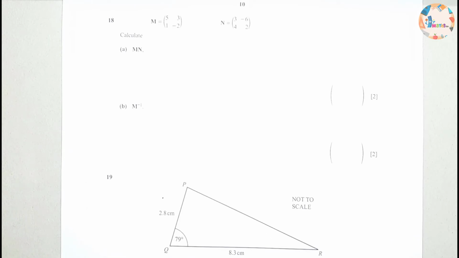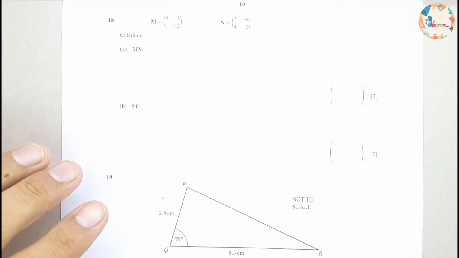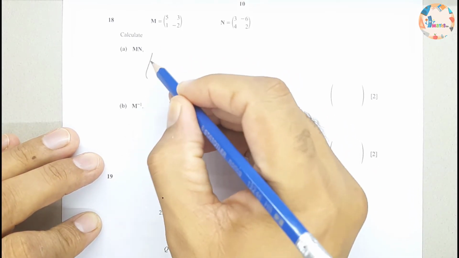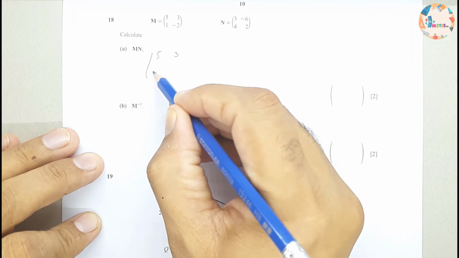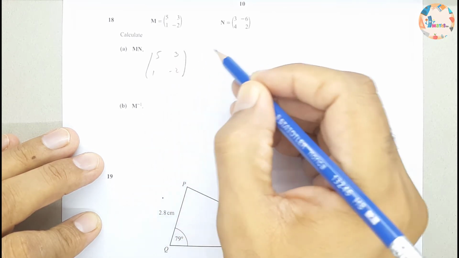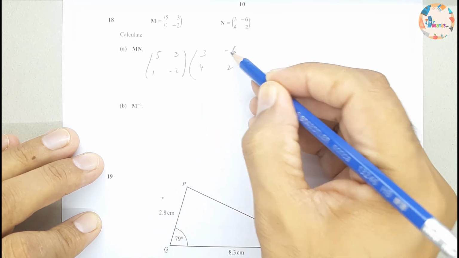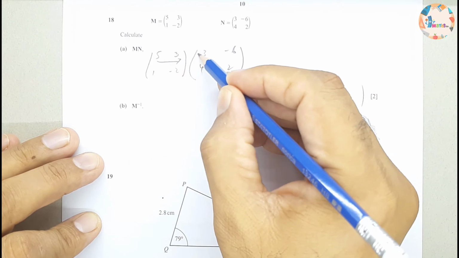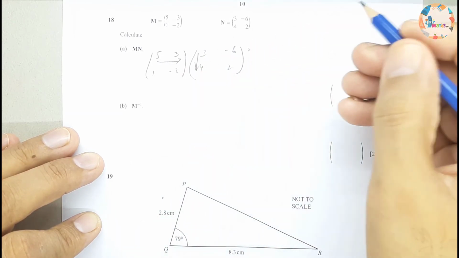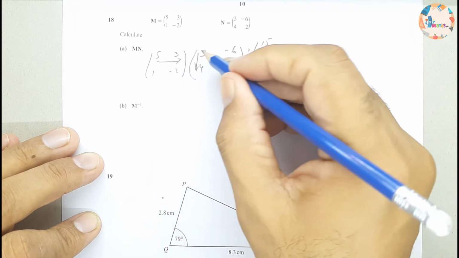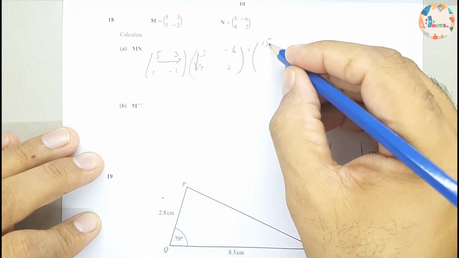Question number 18. M is given, N is also given, and you are supposed to multiply M and N. M will be first, which is 5, 3, 1 and minus 2, and N will be 3, minus 6, 4 and 2. Now we multiply first row, first column: 5 into 3 will be 15, and 3 into 4 will be 12.